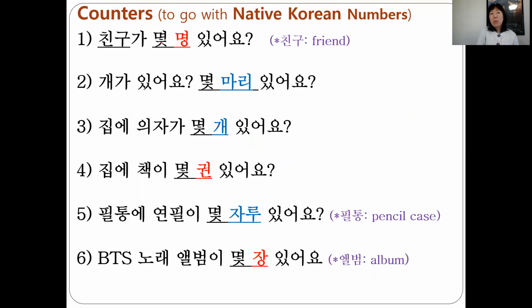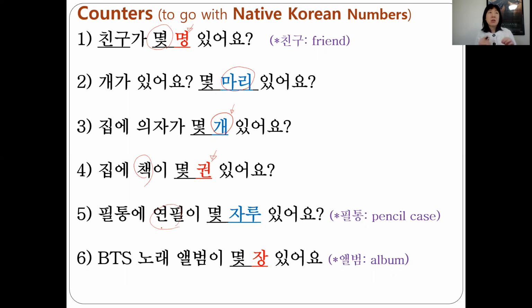자, in case of persons, we use 명. In case of animals, we use 마리. In case of the items that you see around you, objects, we usually say 개, but among the items, for books, we say 권. And what about 연필?